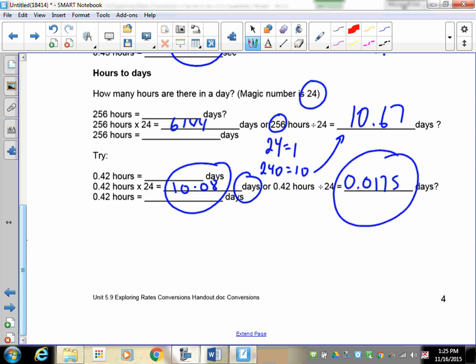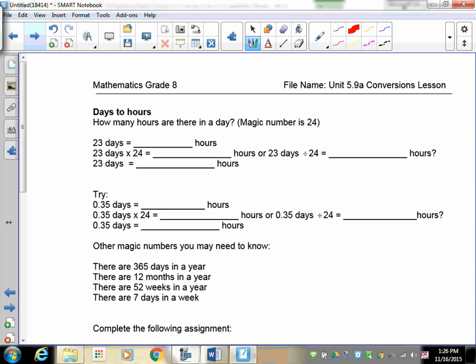Okay, turn the page. Days to hours. Going back the other way now. So, for days to hours, how many hours are there in 23 days? Now our magic number is still 24 hours in a day, so we can multiply by 24, and that would give us, it's the right numbers this time, 552, or we can divide, get 0.96.